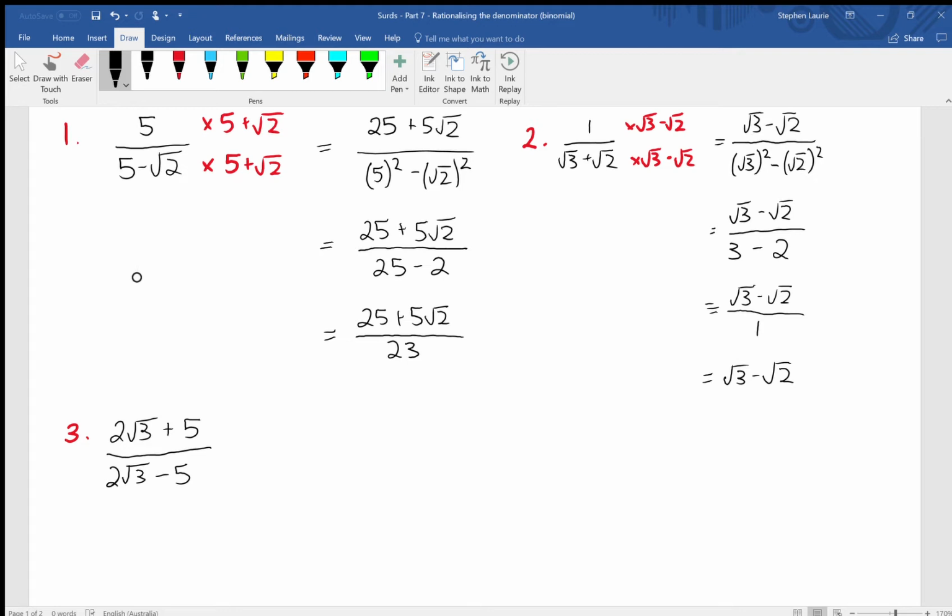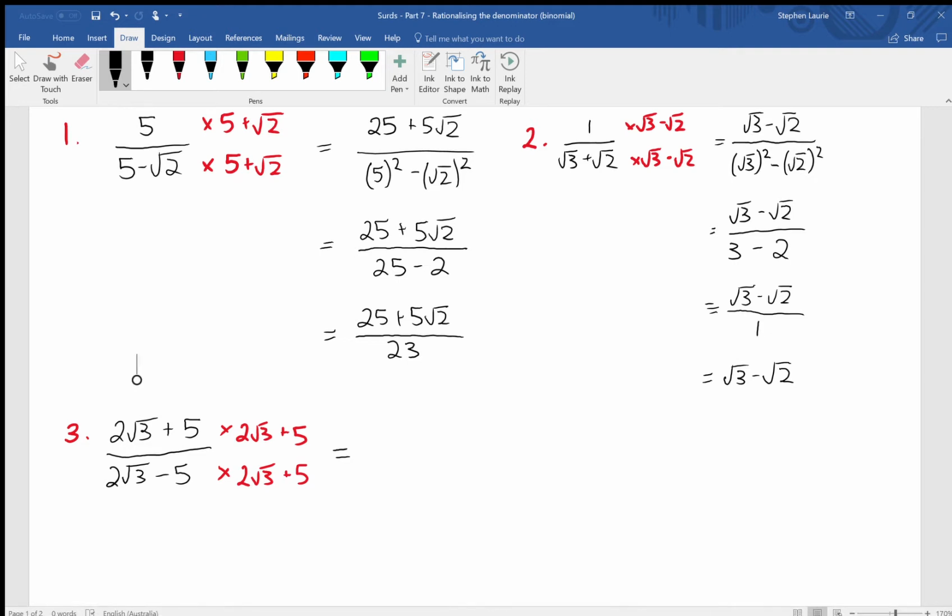What is the conjugate of the denominator? Well, it is 2 root 3 plus 5. And that's actually the same as our numerator here. But that's okay. That means we get to use our perfect square rule in this question, as well as our difference of two squares.